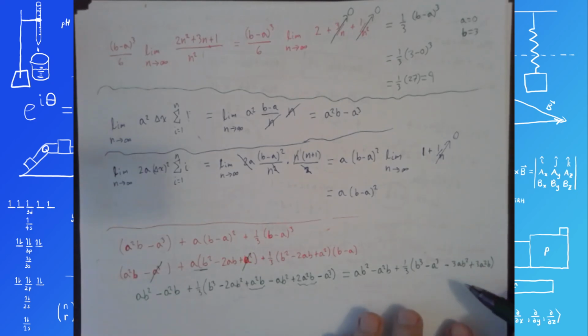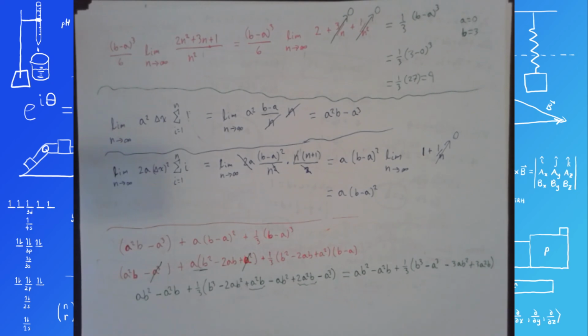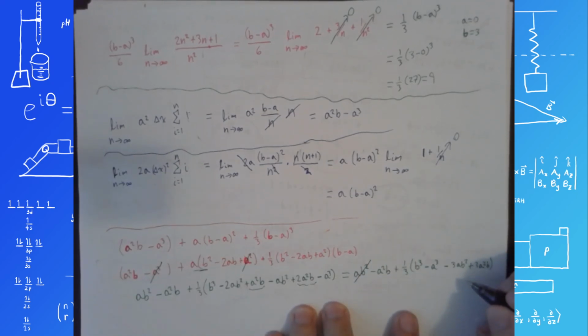And if I multiply each of those by the 1/3, if I distribute the 1/3 to them, then I get minus ab squared over here, which cancels out with the plus ab squared. This ab squared cancels out with minus 3ab squared divided by 3.